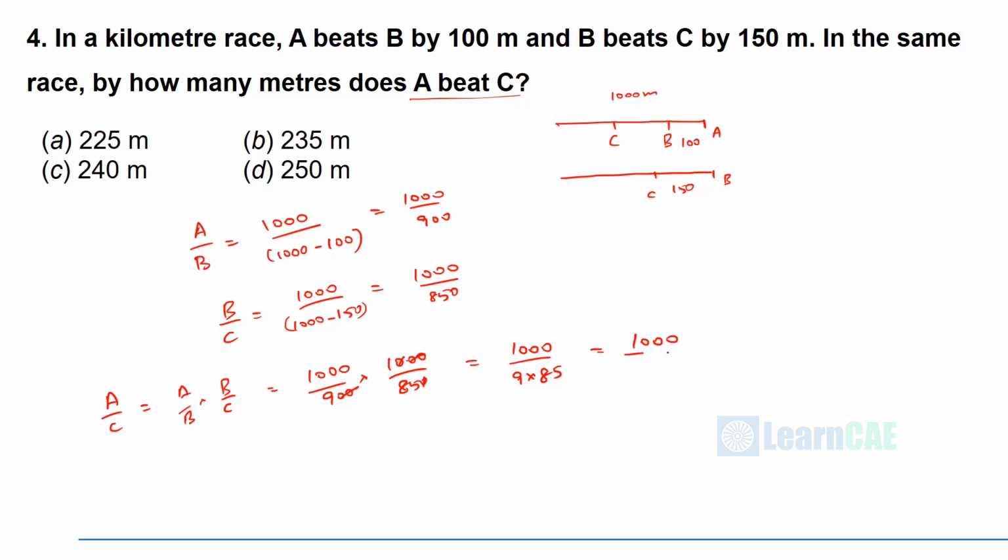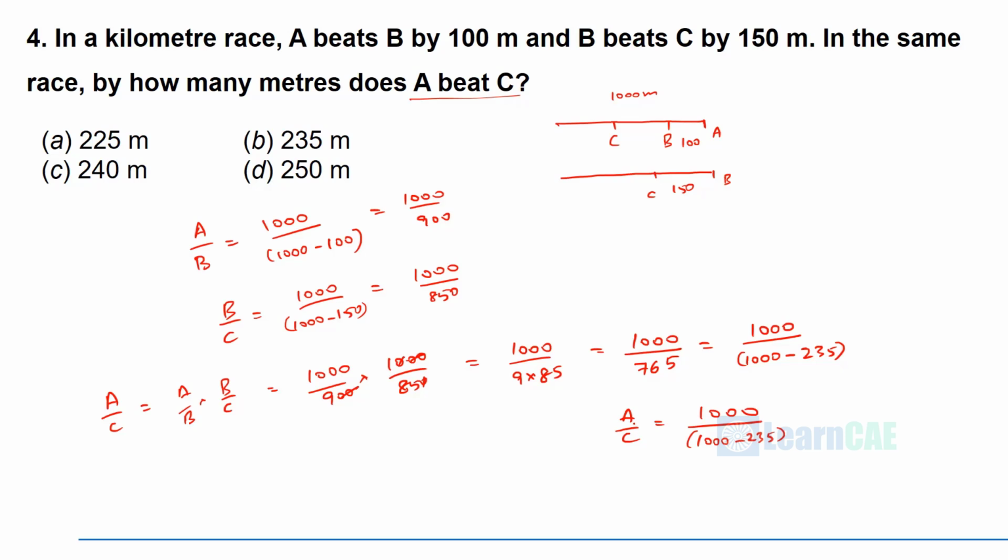This is again 1000 by 5 9s are 45, 4, 9 8s are 72, 72 plus 4, 76. So this is equal to 1000 divided by 1000 minus 235. Okay. So it means that A by C is equal to 1000 by 1000 minus 235.